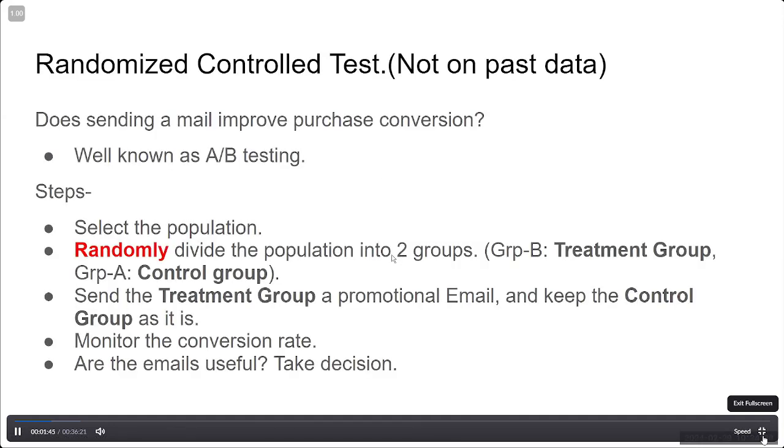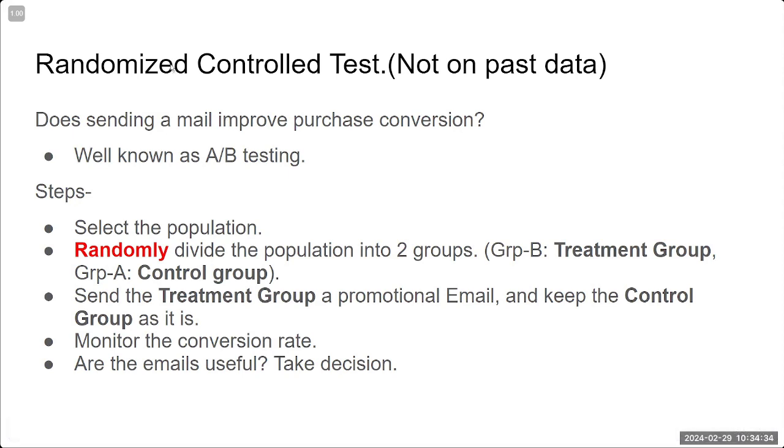For understanding causal inference, it will be better if we start with the randomized control test. Let us take a situation. Assume that you have an e-commerce website and you are trying to increase your sales.